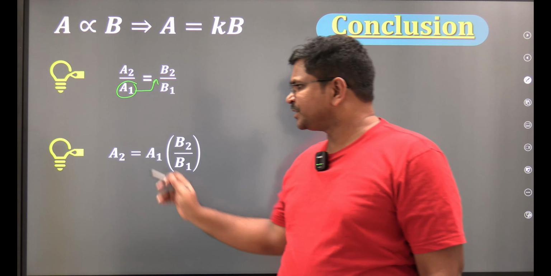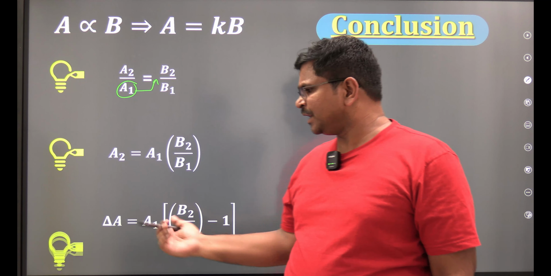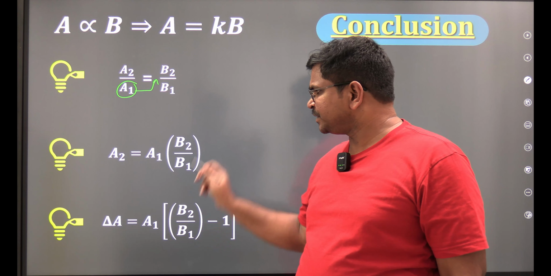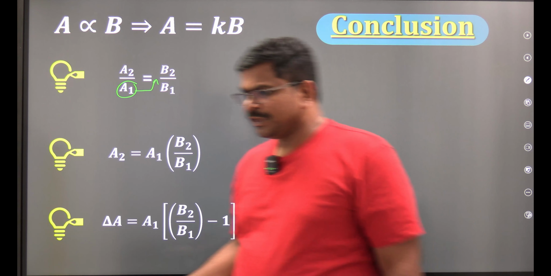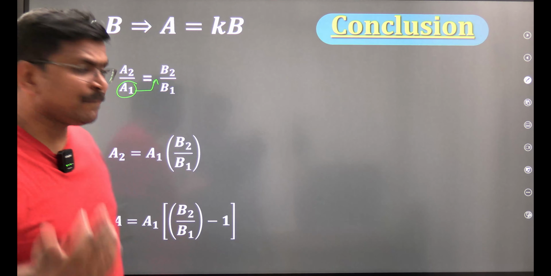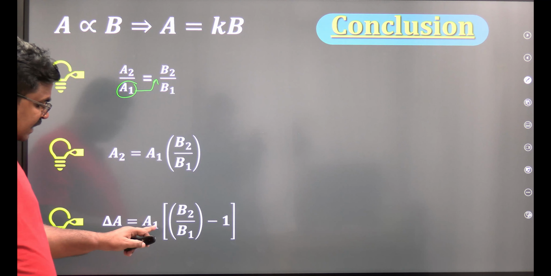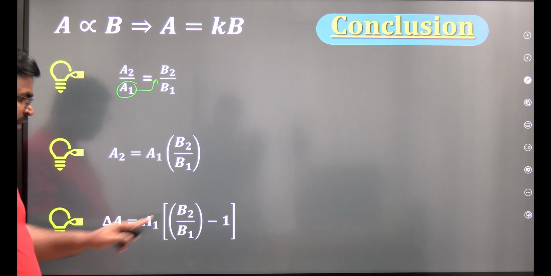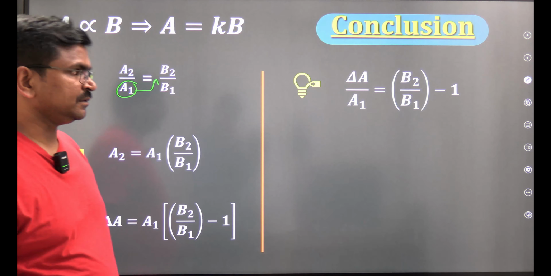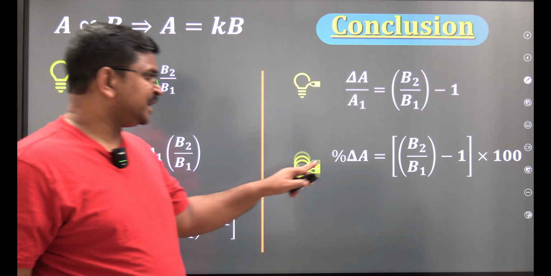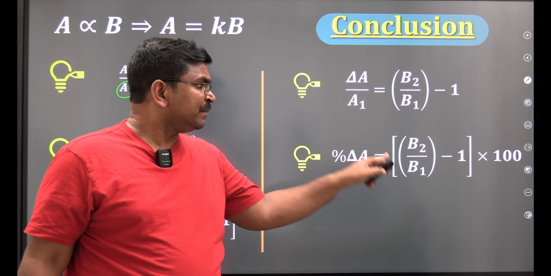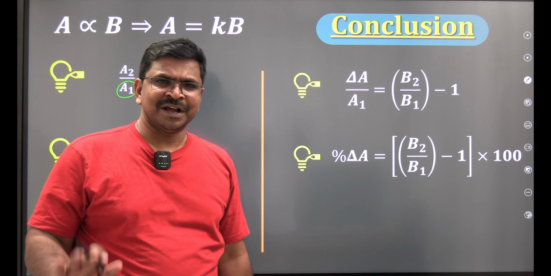And the next level application, A2 minus A1, that is delta A, equals A1 as it is, and B2 by B1 minus 1 in addition. Now the next level application, we compare this change with the original. So this A1 will come to this side, delta A by A1 equals B2 by B1 minus 1. And the last, final application, percentage delta A equals (B2 by B1 minus 1) times 100.